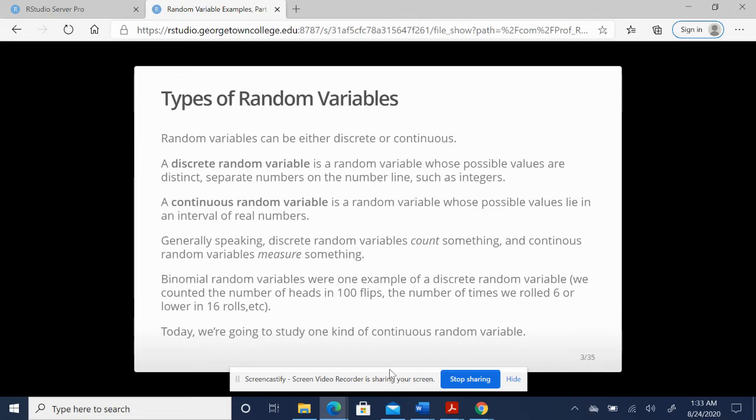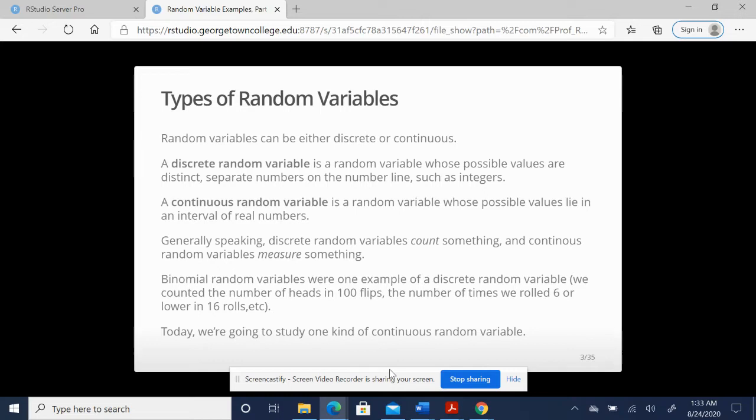Especially if they're numeric, we can have either discrete or continuous. A discrete random variable is a random variable whose possible values are distinct, separate numbers on a number line, such as integers. When we were counting the number of heads in a coin flip, that was a discrete random variable.